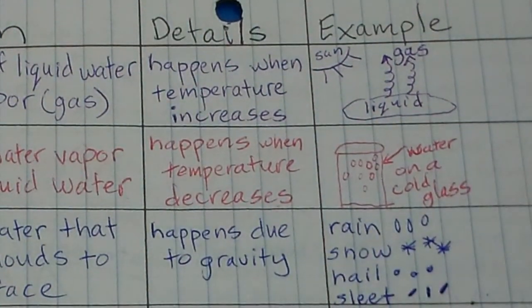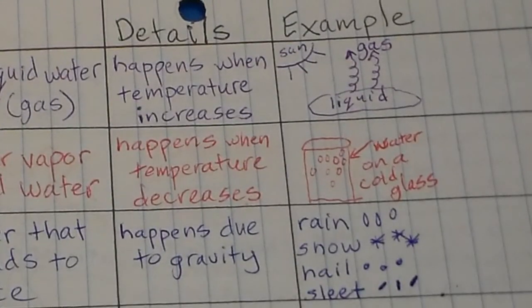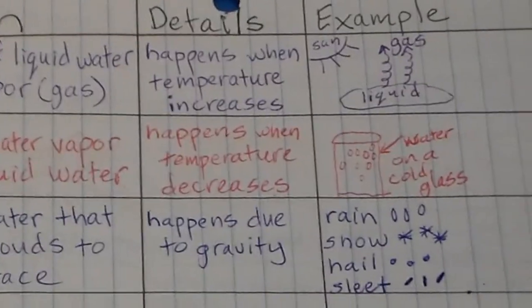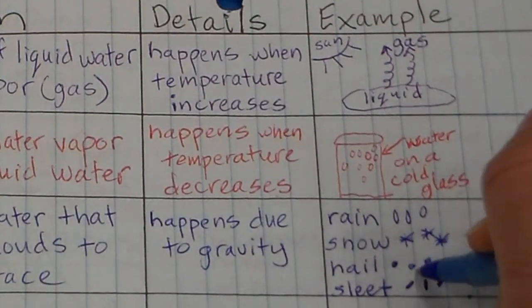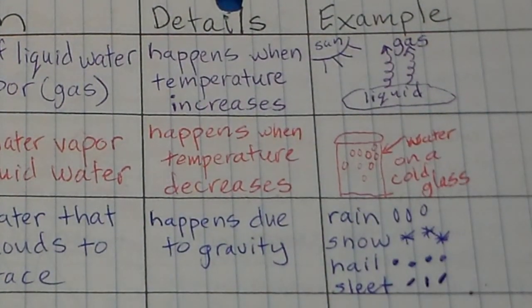So sleet happens when raindrops freeze as they are on their way down. So it's kind of a hard rain, but it's not exactly like hail, because hail forms way up in the clouds before it leaves the clouds. And again, we're not going to get into the details about which makes which precipitation which, but you should have heard of rain, snow, hail, and sleet. Those are the 4 most common kinds of precipitation we have on Earth.